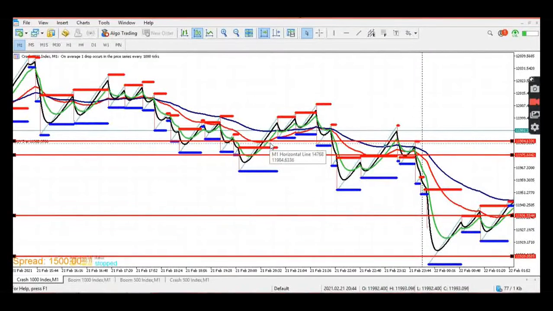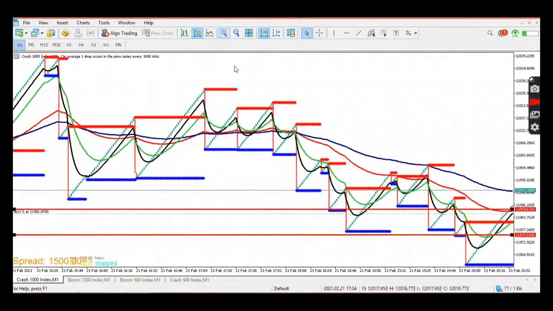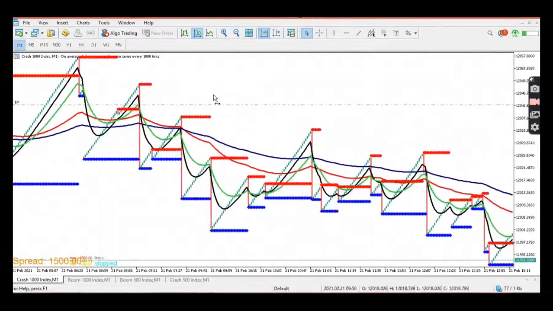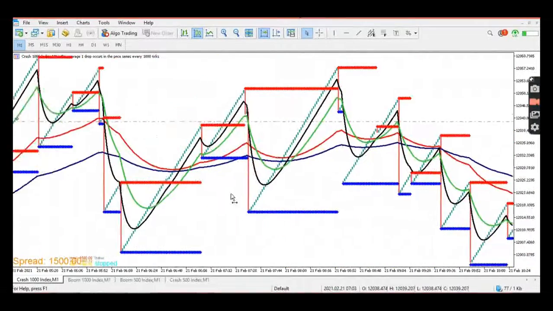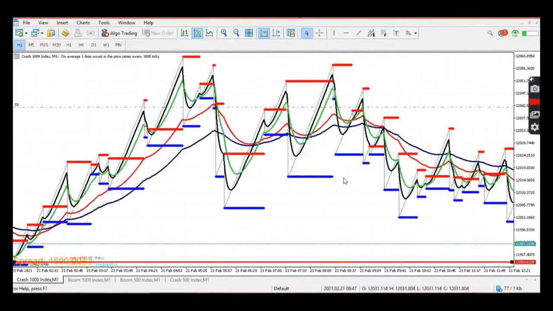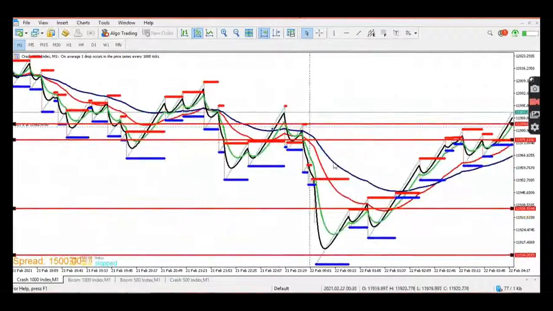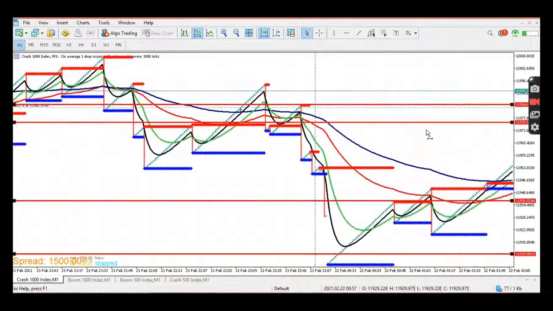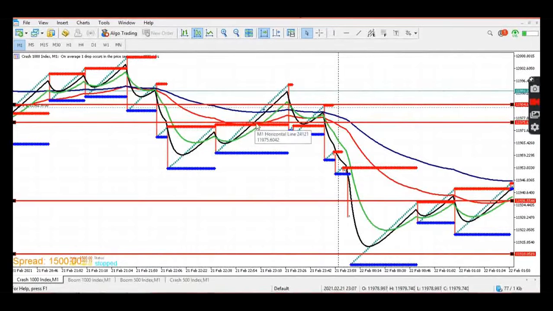But what happened? Let me show you something that will surprise you. After I have gotten 2 confirmations from this market, where are the confirmations?